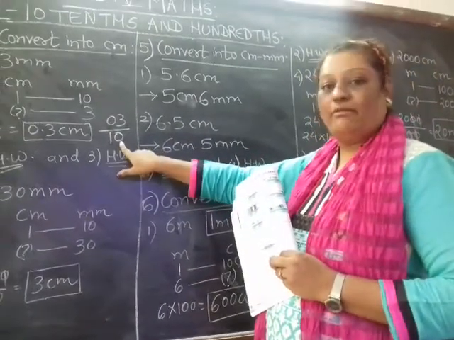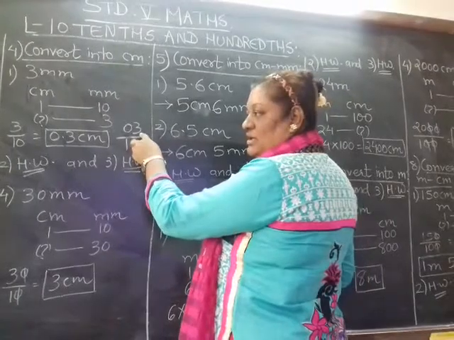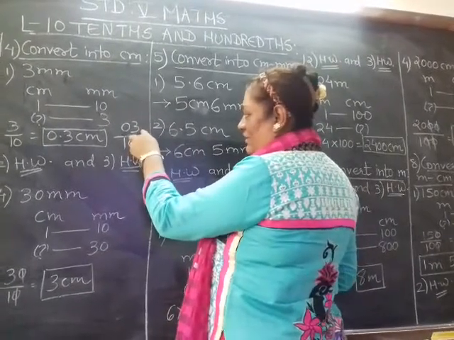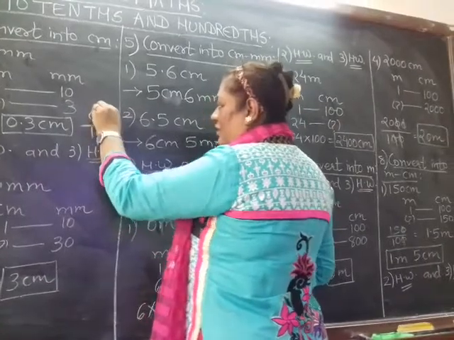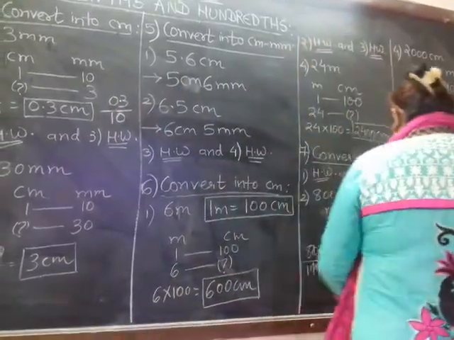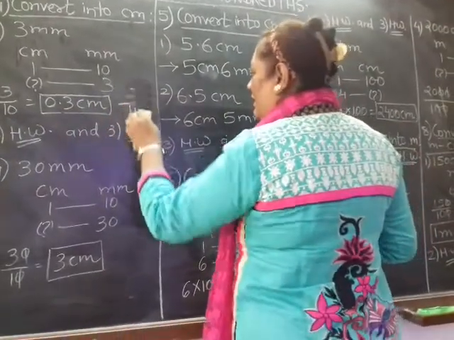Now in 10 I have 1, 0. So in the numerator you count 1 digit from the right side. This is the right side. So this is 1. After counting 1 you have to keep a decimal point. This is how your answer comes, 0.3 centimeter.